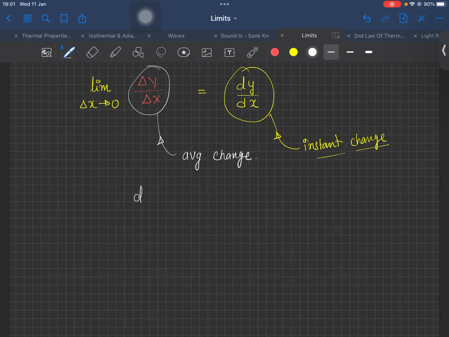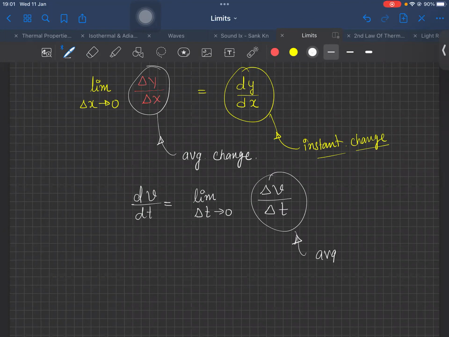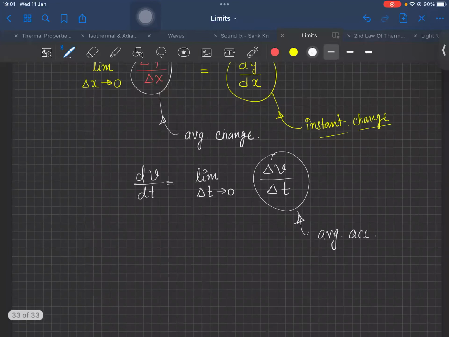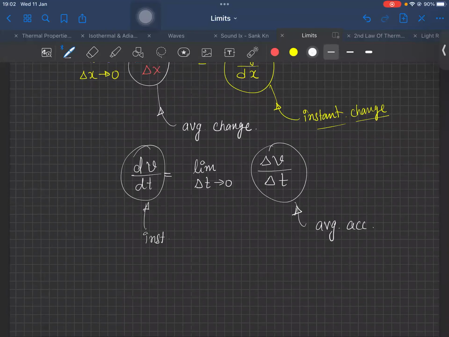So how do you calculate? dv upon dt is equal to the limit delta t tends to 0 of change in velocity upon change in time. This is average acceleration, and this is your instantaneous acceleration. Is this clear?